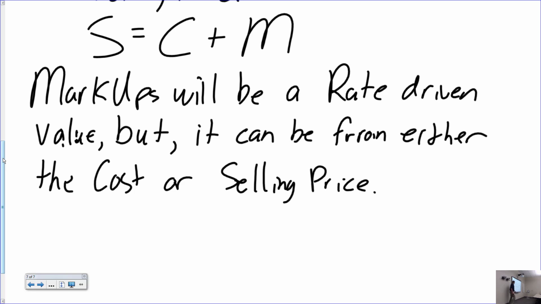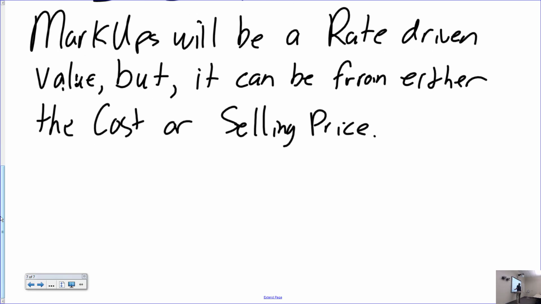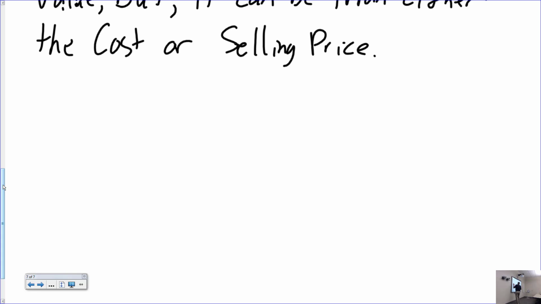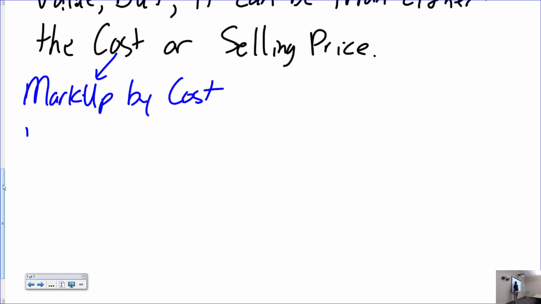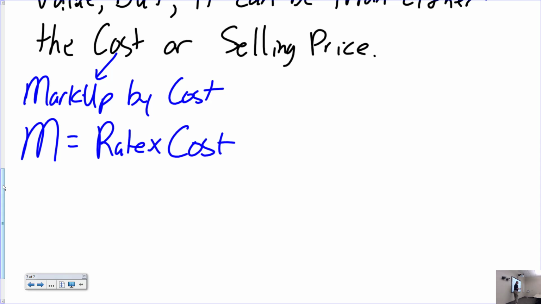Okay? So, the way it works, and this is where I'll end it right here, is that if you mark up by cost, markup by cost, then the markup will be the rate times the cost.